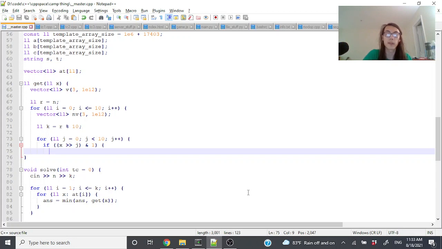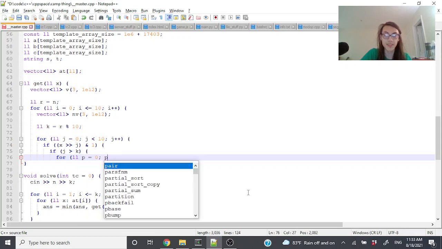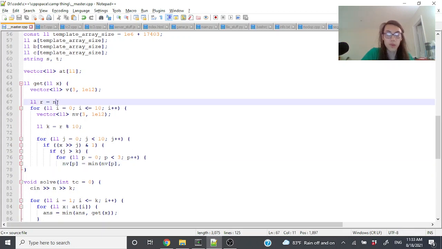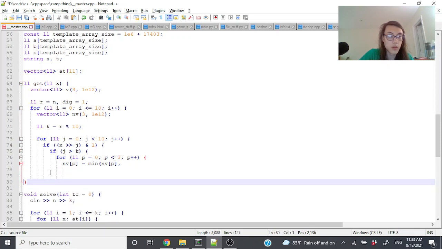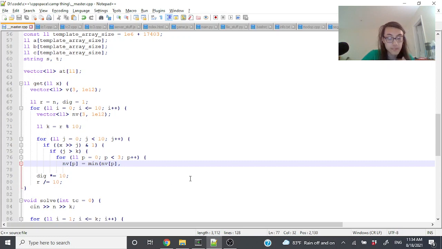So if j is greater than k and b is not of variable names, not of letters, MVP is equal to min MVP, dig times k plus VP.